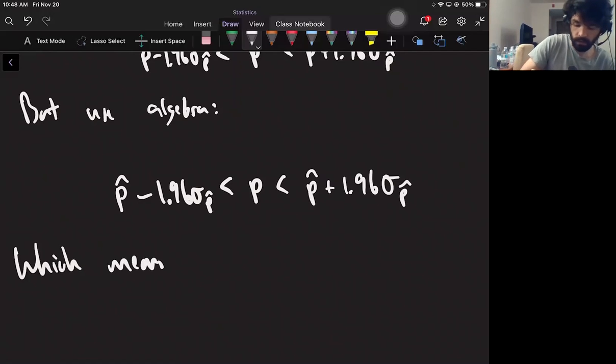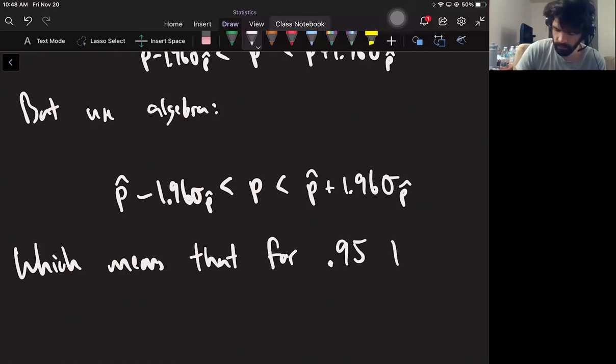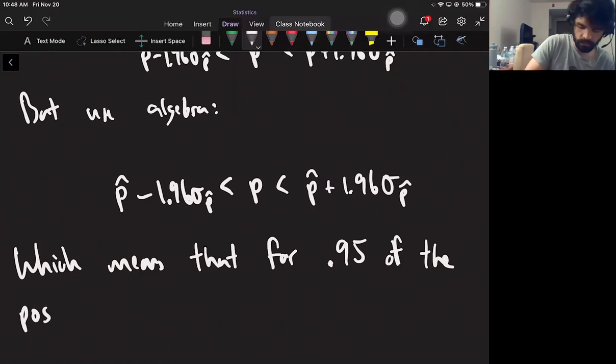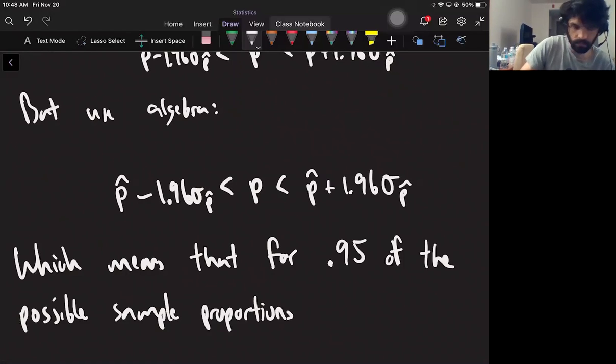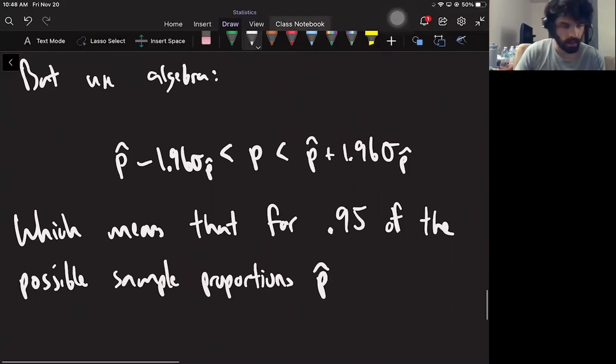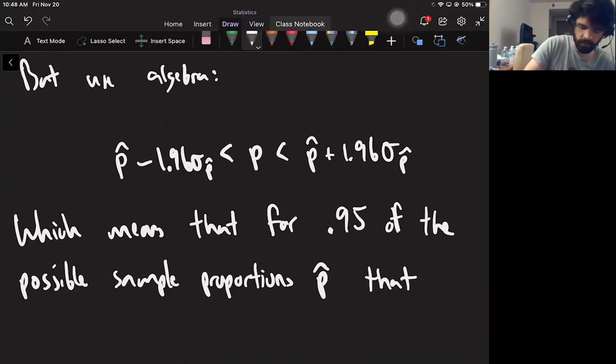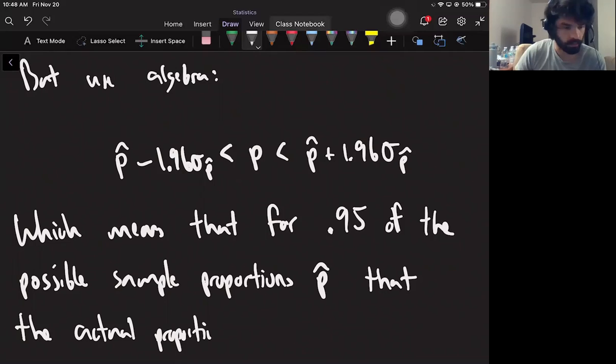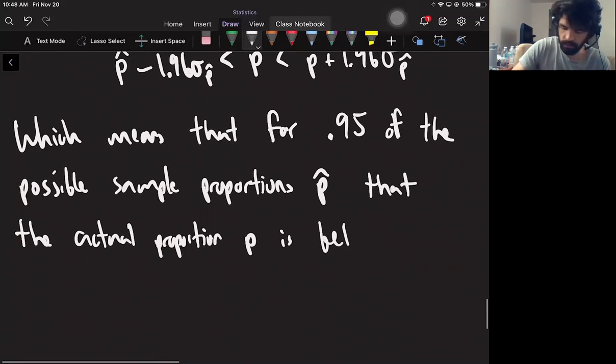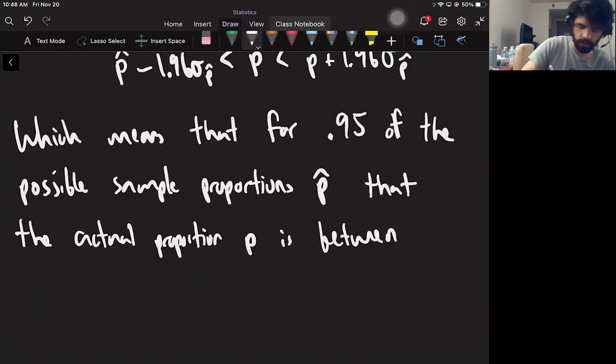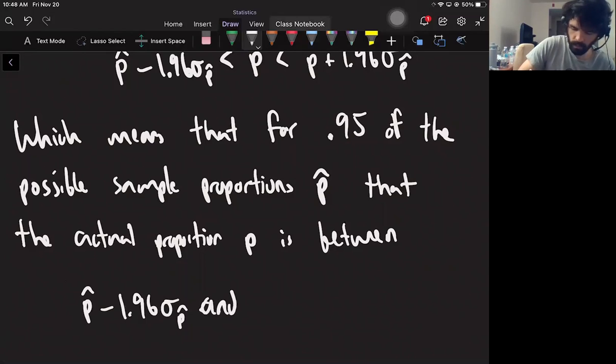Which means that for 95% of the possible sample proportions that you could get, the actual proportion P that we're looking for is between this and this.